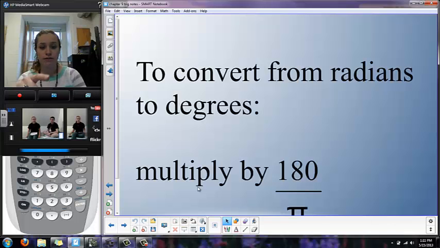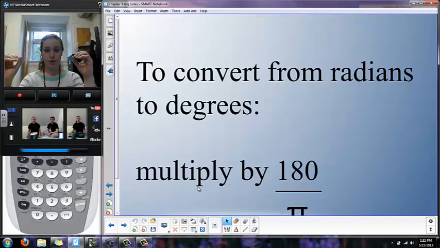We went through all this stuff. We learned how to convert back and forth between radians and degrees. So remember that radians are always going to have a pi symbol in that answer. So if you need a pi symbol to be in your answer, you're going to want the pi symbol to be on top when you're multiplying. If you're trying to get an answer that's in terms of degrees, that answer is not going to have a pi symbol with it.